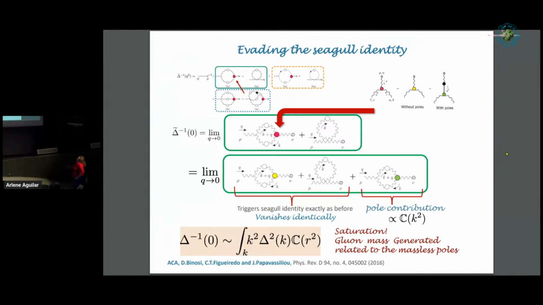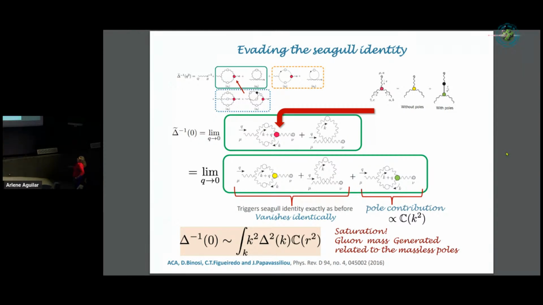So I come back to my gluon Schwinger-Dyson equation and replace my three-gluon vertex by a part without pole and a part with pole. So here, I replace that.